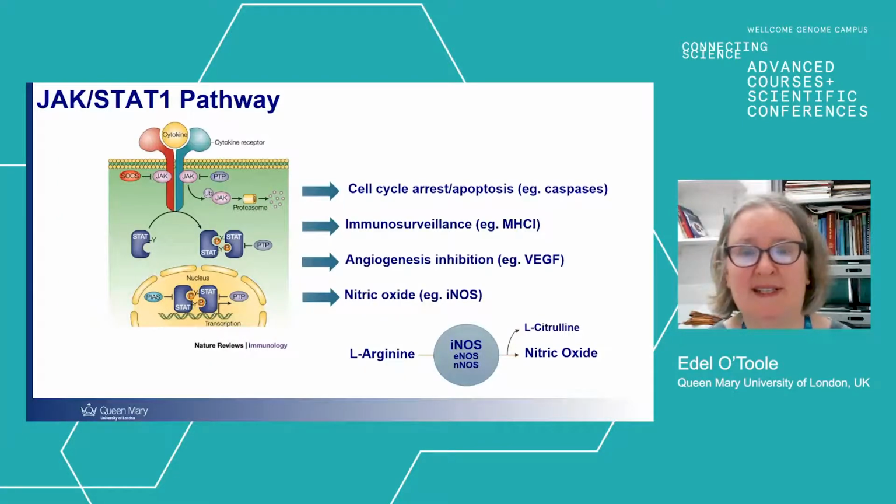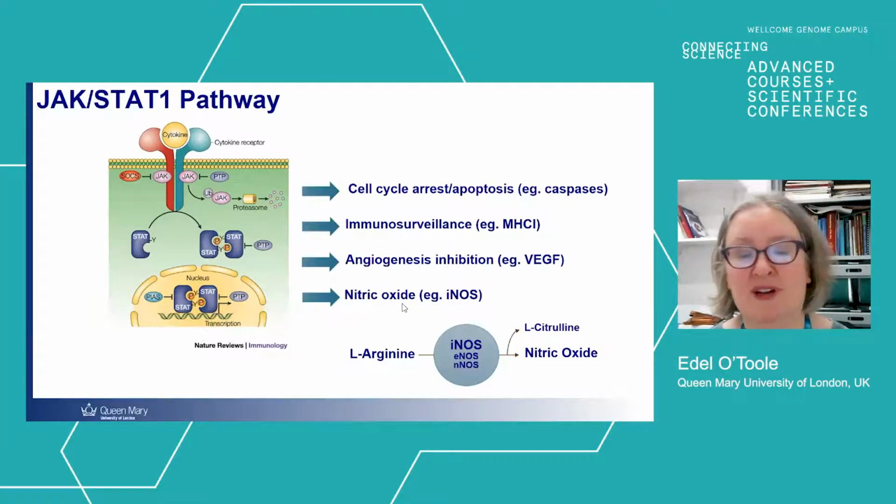So the JAK-STAT pathway, as you all know, is a major pathway in cells involved in response to cytokines. SOCS genes basically inhibit JAK, and these genes are involved in cell cycle arrest and apoptosis or cell death. They're involved in immunosurveillance. They're involved in inhibition of angiogenesis or blood vessel formation.